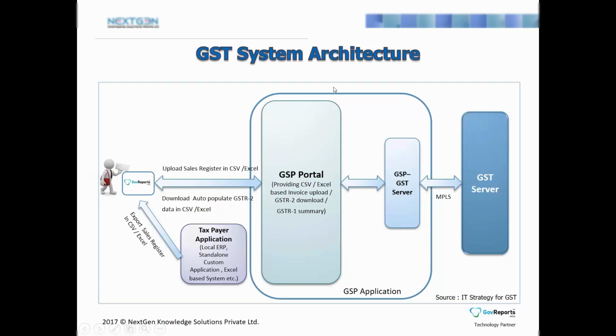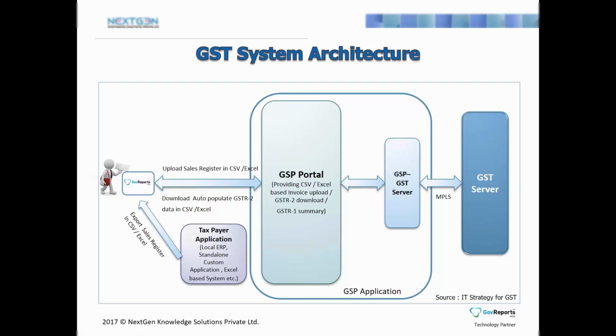So here you can see taxpayers application in the form of local ERP, standalone or accounting softwares, Excel based systems on which the taxpayer is preparing his accounts. From there the data of sales register and purchase register will be exported to compliance software, and compliance software will prepare the GST returns which it will upload to GSP portal, and from GSP portal it will go to GST server.